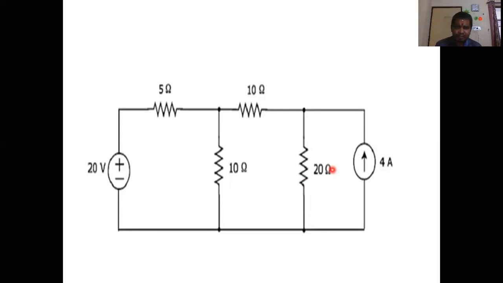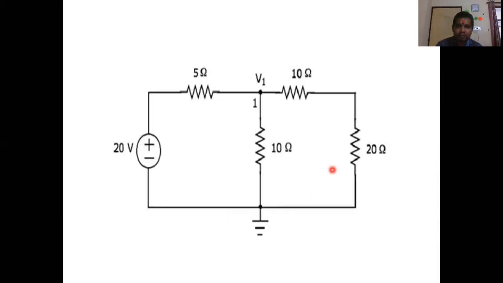The superposition theorem is used when the circuit contains more than one source and you have to determine the response for individual sources. When you consider an individual source, other sources should be removed. When removing the sources, the voltage source is short circuited and the current source is open circuited. After that, you can apply any method, Kirchhoff's voltage law, Kirchhoff's current law, according to your convenience, and determine the individual responses, then add them together to get the final answer.